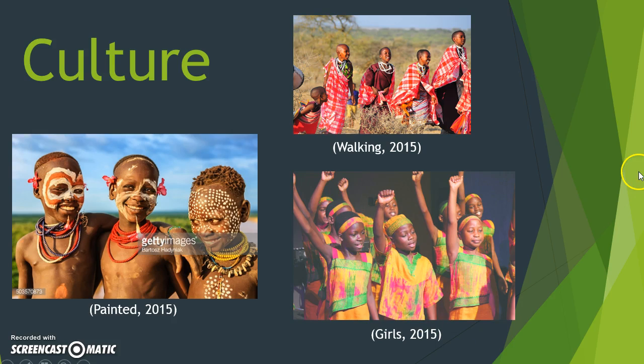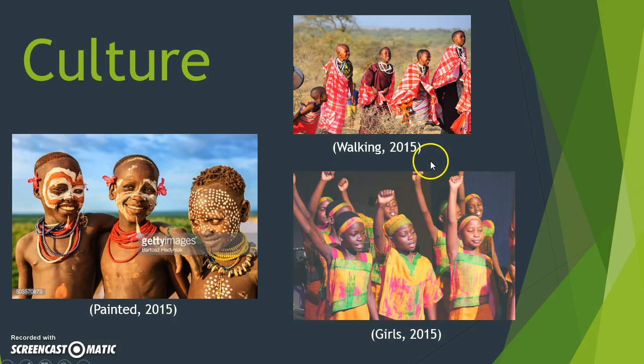It looks like these children are working in some way. These children are performing, and it looks like these children, it's a little bit more leisure, maybe even traditional. What are the things that you can identify?